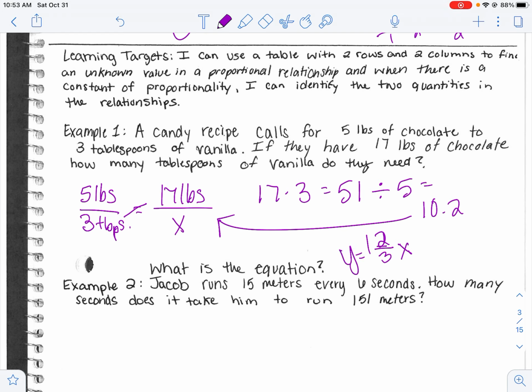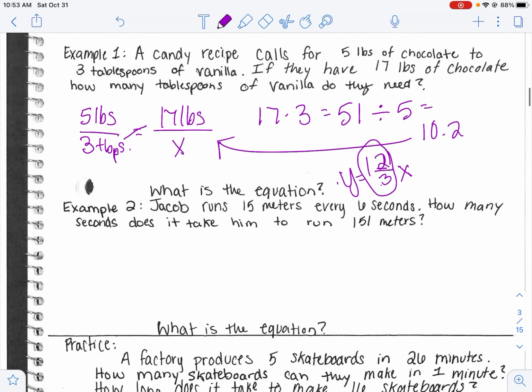There's our nice equation for figuring out the chocolate. Y is the pounds, 1 2/3 is our constant, and 1 2/3 times the vanilla gives us how much chocolate we need. So you put the constant right next to your x value, and that equals y. That's how you write the equation for this.